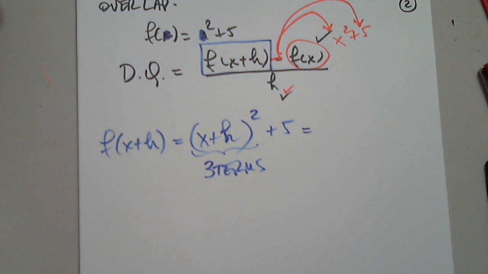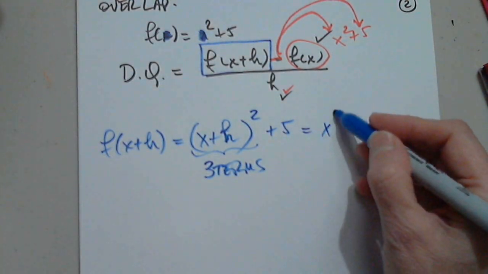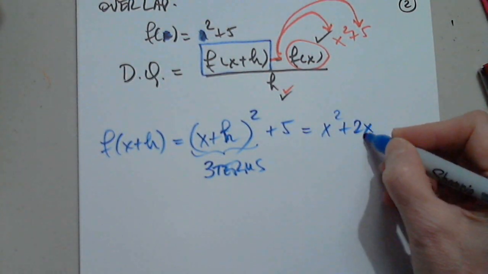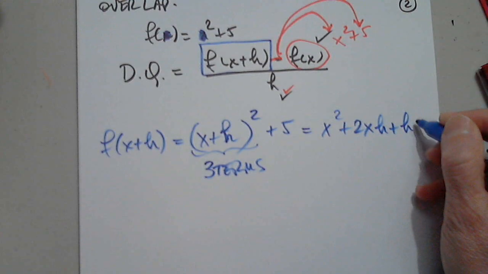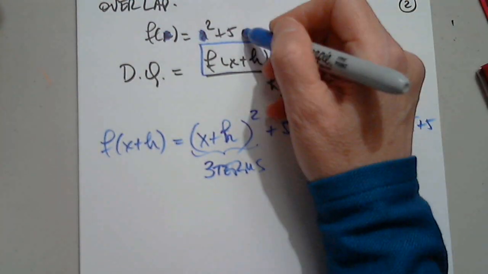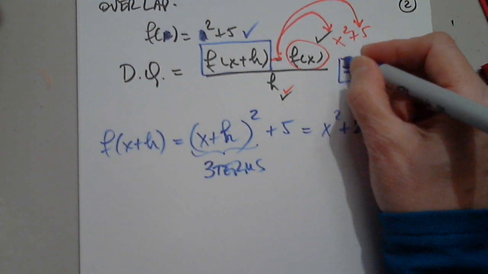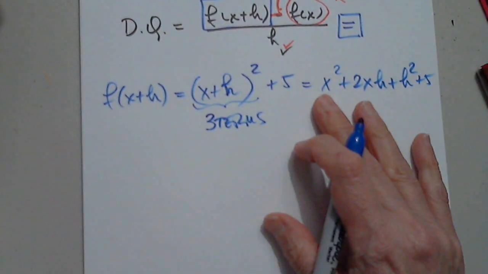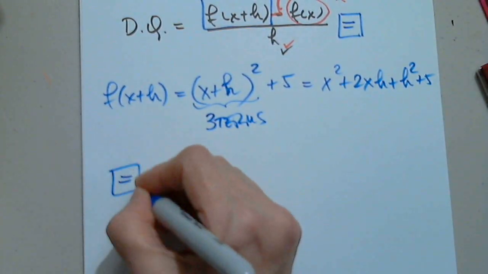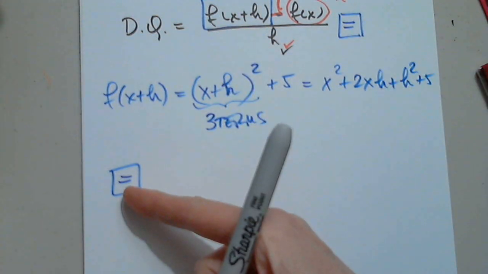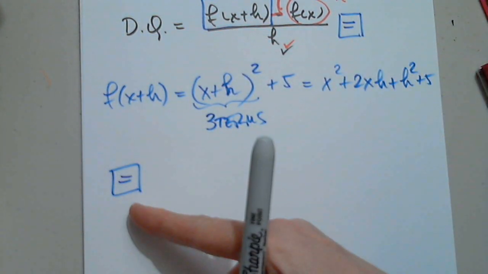Again, I apologize for the noise in the background. X squared plus 2xh plus h squared. Brilliant. Thank you very much. And now I have all 3 pieces. So you know what I like to do? Not because I'm lazy, but because I want to save time. So you jump from here.